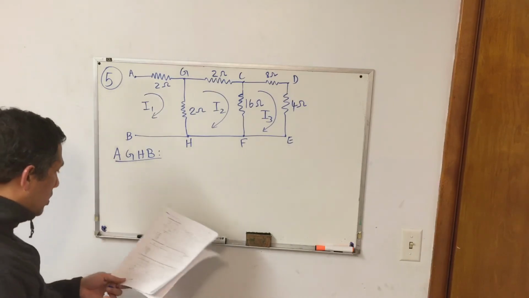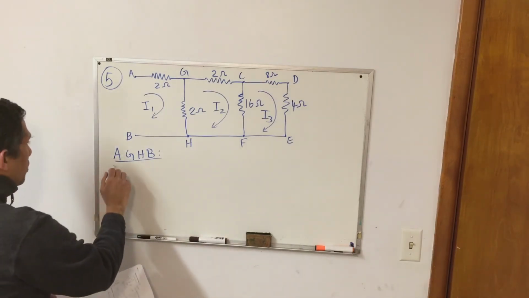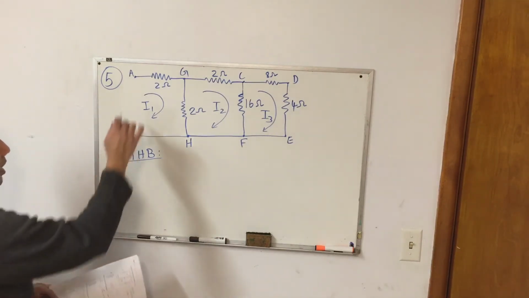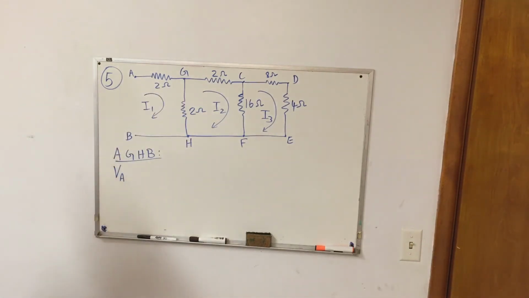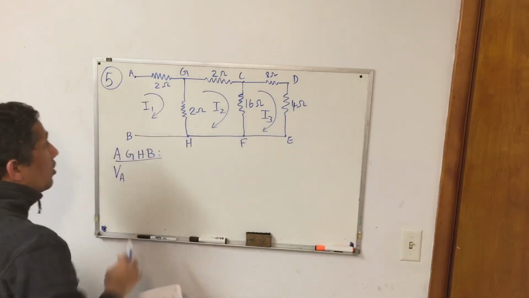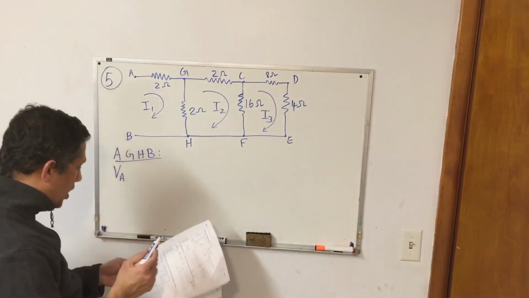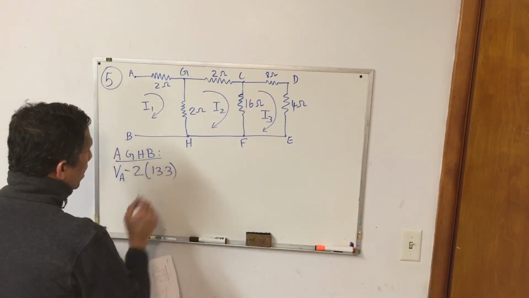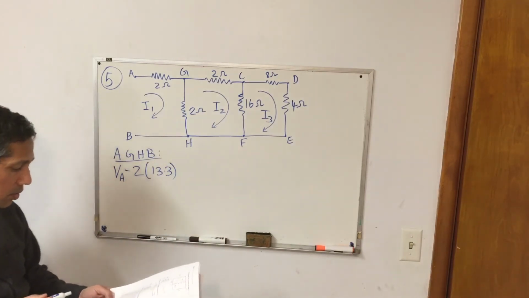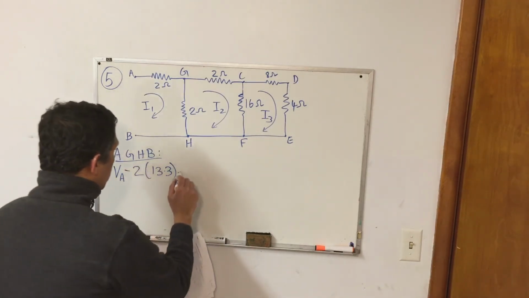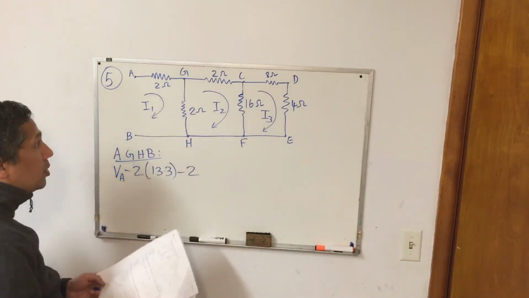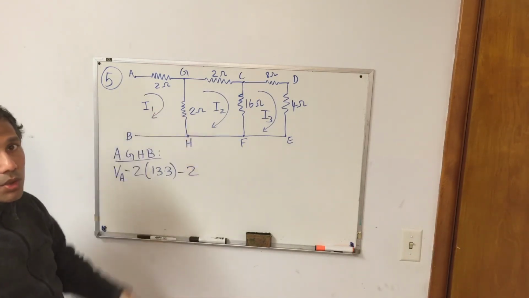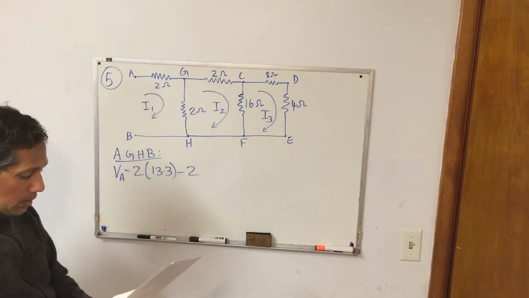Right? So if I consider this, I start from VA. So my initial starting point is VA. Starting voltage is VA. Then I go through the 2 ohm resistor, and I'm going in so I lose a potential of 2 times I1, so VA minus 2 times 13.3, because the value of I1 is 13.3 amperes, we just figured it out. Then I have another 2 ohm resistor, and the current through the 2 ohm resistor is I1 minus I2 in the direction in which I'm moving, right?